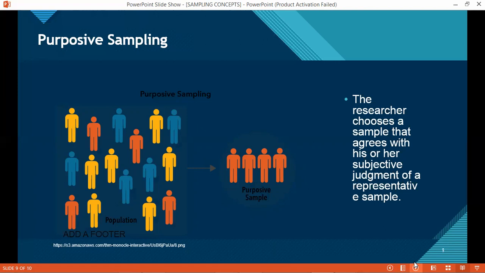So, technically, in purposive sampling, based on the purpose of your study, you will get a sample from your population. Like for this illustration, say each color represents different characteristics. Say yellow is happy. Say orange is adventurous. Say blue is moody.